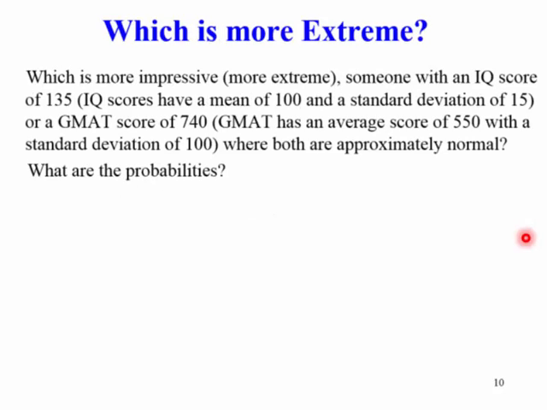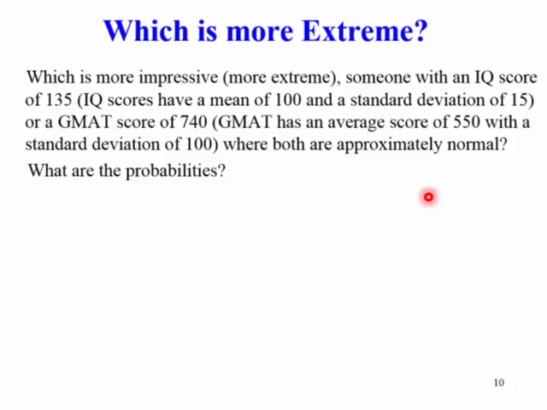Now, z-scores are good for comparing apples and oranges. So let's do an example. Which is more extreme? An IQ score of 135 or a GMAT score of 740? And here are the means and standard deviations for those, and they're both normally distributed.